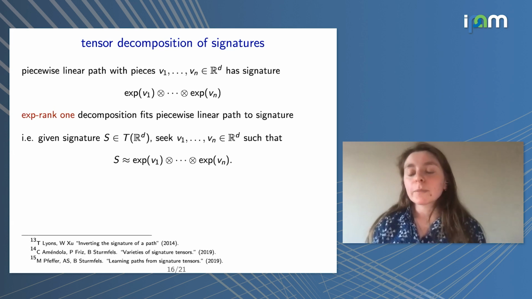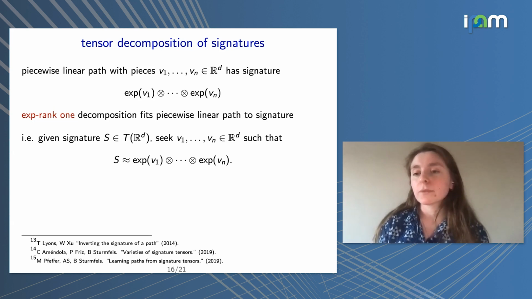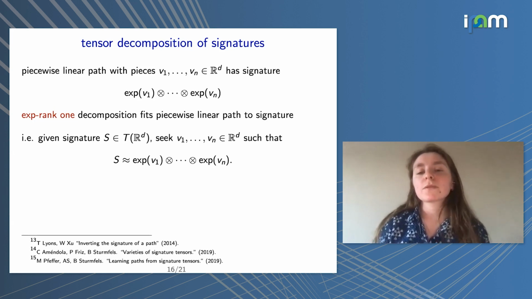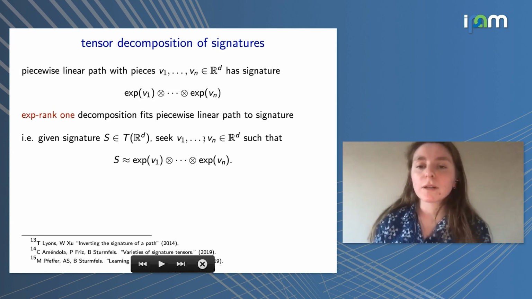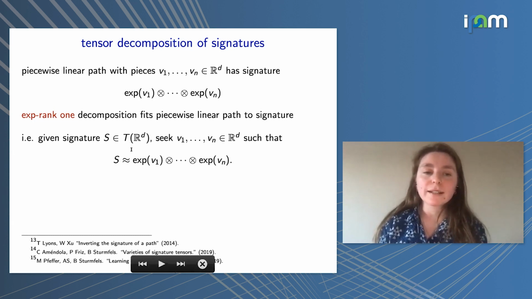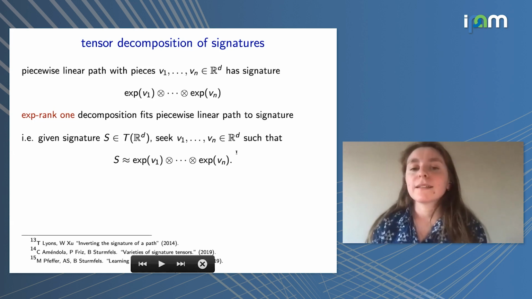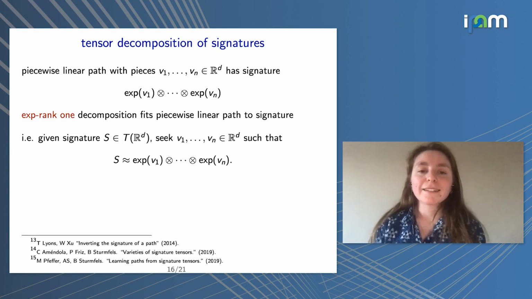In principle, if we wanted to recover a path from its signature, which is something we often want to be able to do, then working within this piecewise linear setting, we can aim to find vectors V1 up to Vn such that our input signature is approximately equal to this tensor product of exponentials.